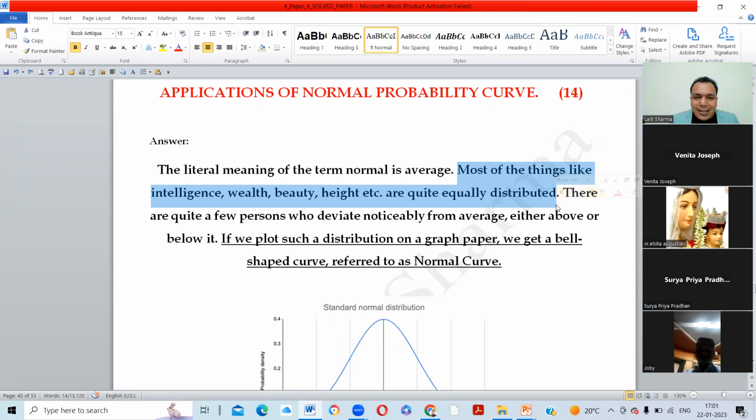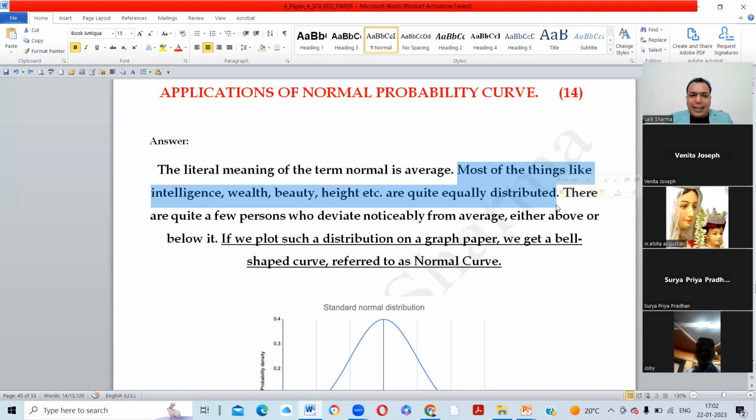Similarly, intelligence: not all the 135 crore persons are so much intelligent, right? So few are above in intelligence. All other 80-90%, 95% are average persons. So the literal meaning of the term normal is average.